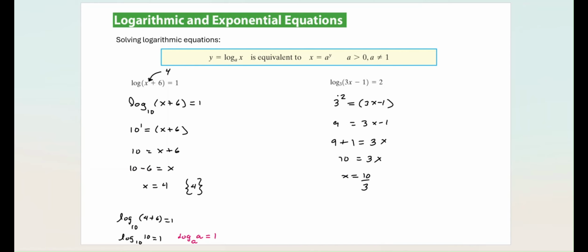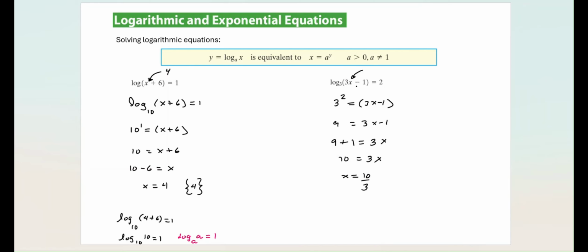Again, you must make sure that when you substitute the x by the value you found here, that is a solution of the equation, the argument of the logarithm is still greater than 0. So when you substitute this x by 10 over 3, this would be, of course, 10 minus 1, 9. 9 is greater than 0, so that would be correct.